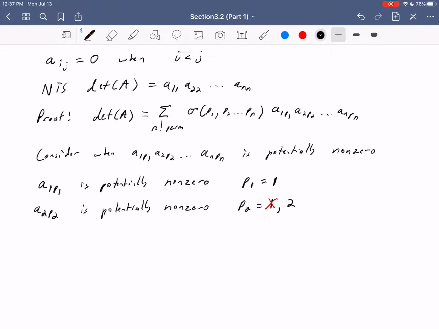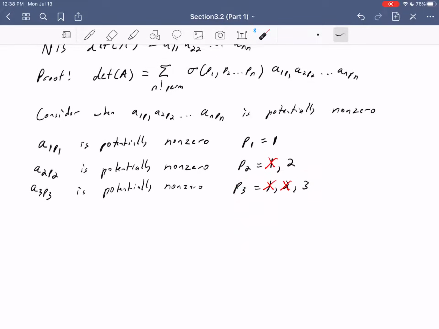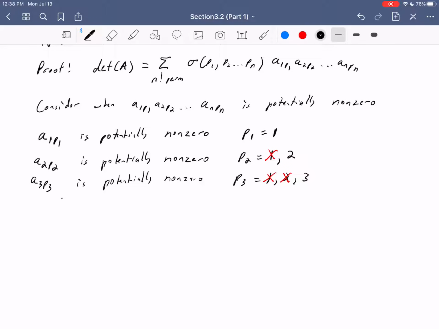Well, for A3, P3 is potentially non-zero when P3 is 1, 2, or 3. But notice that P1 must be 1, so it can't be that, because again, permutations are distinct. And P2, now we know it has to be 2, so P3 can't be 2. That means P3 has to be 3. As you can imagine, this logic continues down to AN, PN is potentially non-zero.